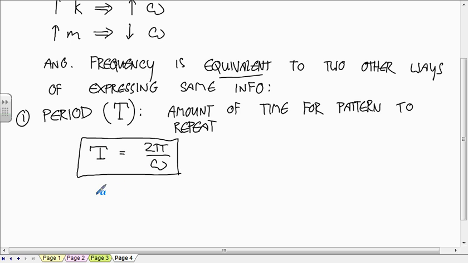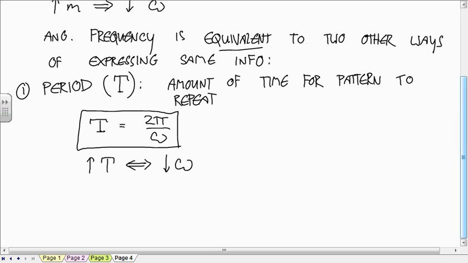So increasing the period is the same as decreasing the angular frequency and vice versa. And what are the SI units of the period? It's a measure of an amount of time, so this is just going to be in seconds.